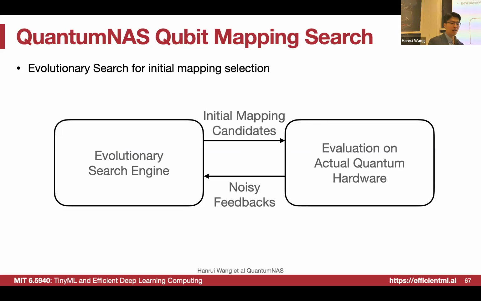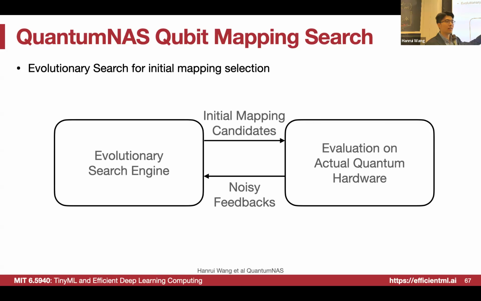And also another thing we are developing is that for the initial mapping, actually probably we don't have to do this using just reversibility. We can use some evolutionary search engine or some other machine learning based method to help us find the initial mapping, right? So in our previous work, QuantumNAS, we were trying to find this initial mapping. Basically we have many different candidates, like say you map qubit 0 to physical qubit 10 or some other different mappings.